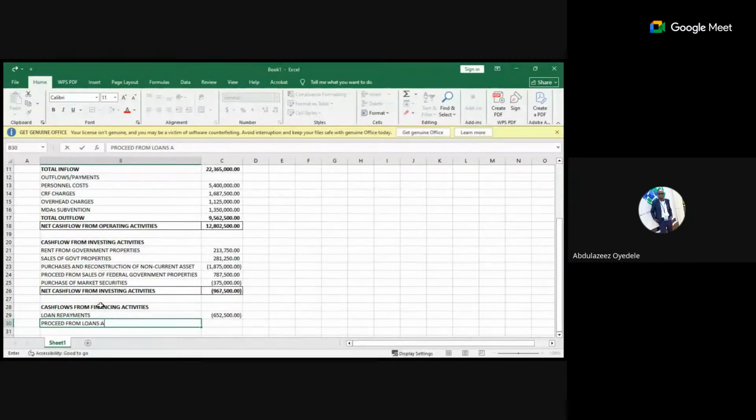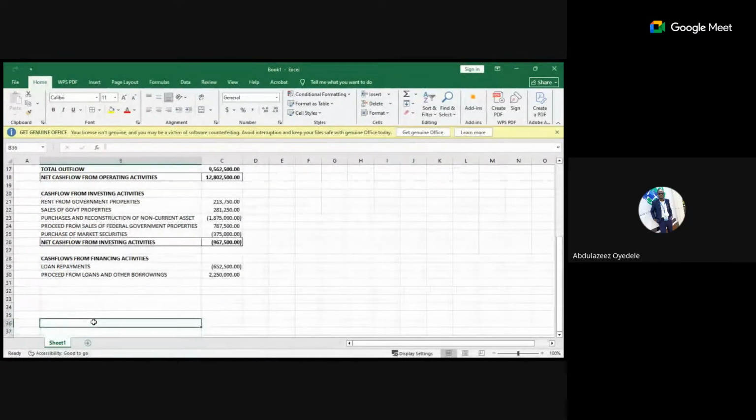That is the loans that they collected, the money they received. That's 2,250,000. And so those are the only two financing activities that we have.